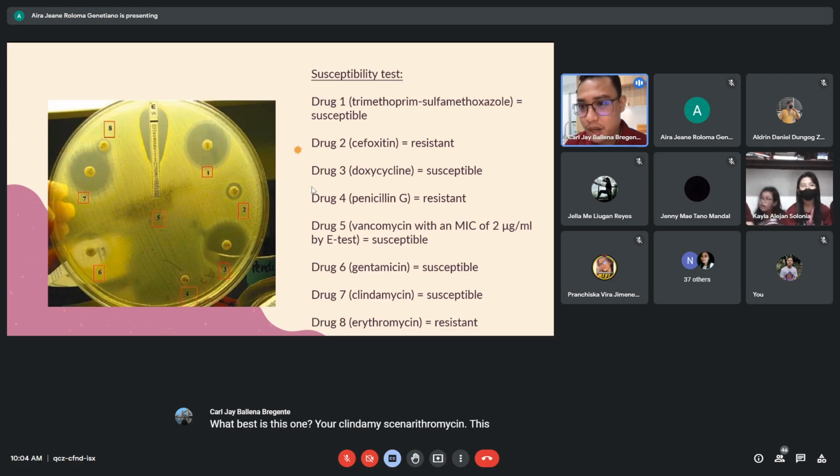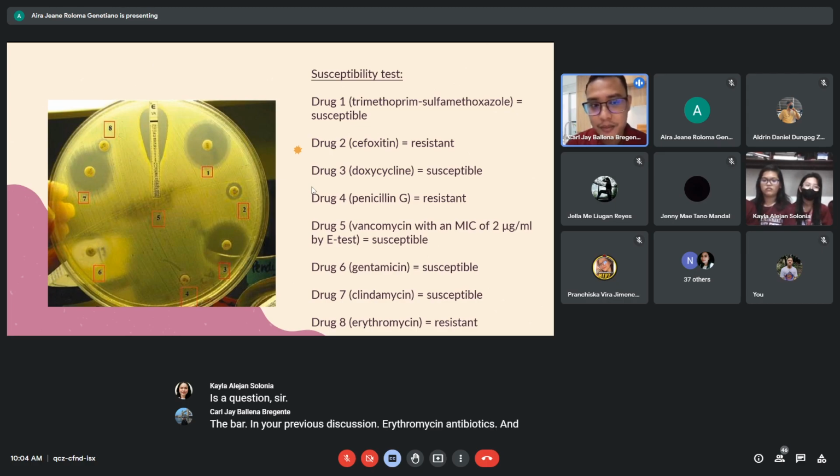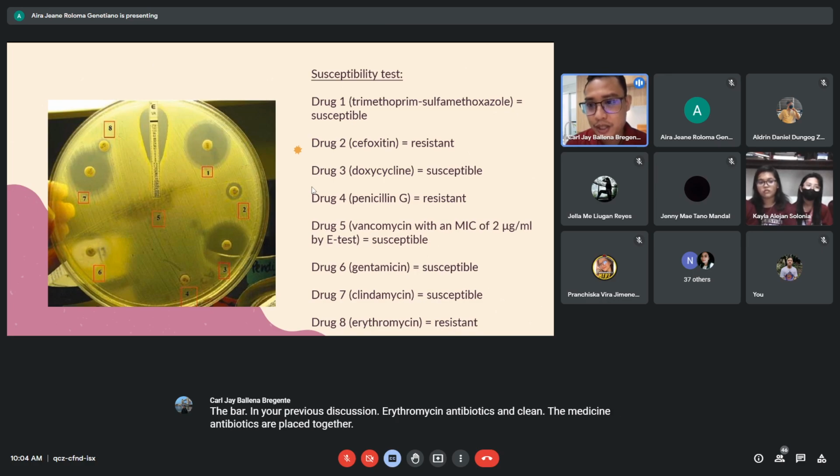This is to detect what? Can you repeat the question, sir? In your previous discussion, erythromycin and clindamycin antibiotics are placed together so that it will allow the detection of a resistance gene.